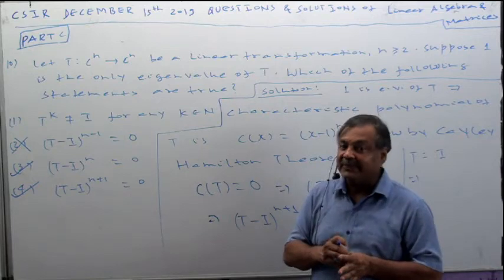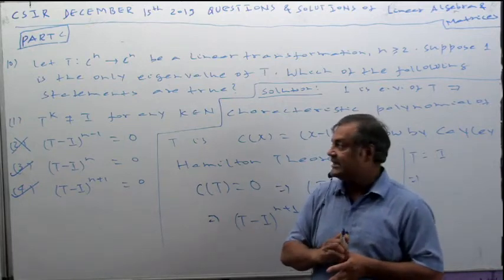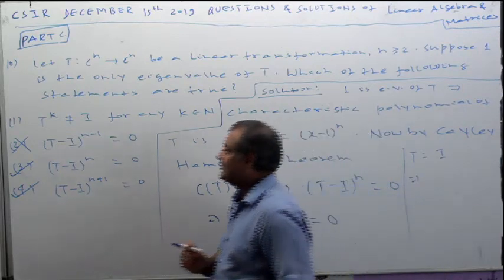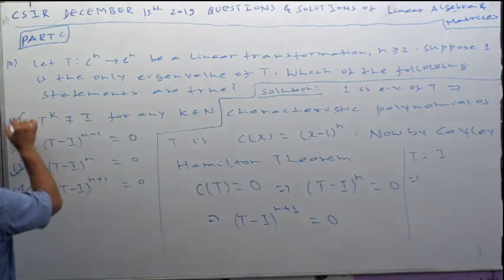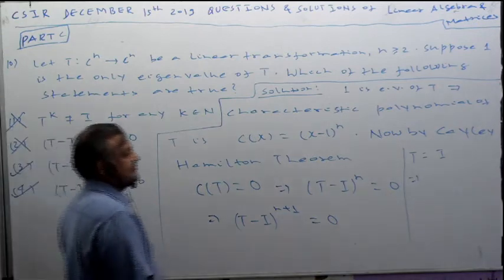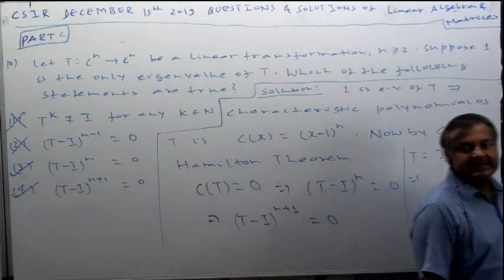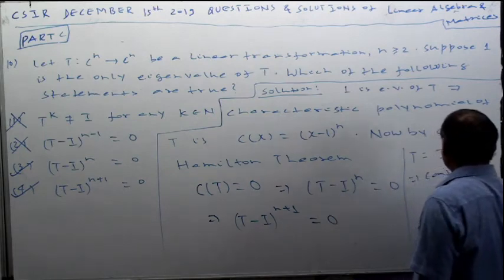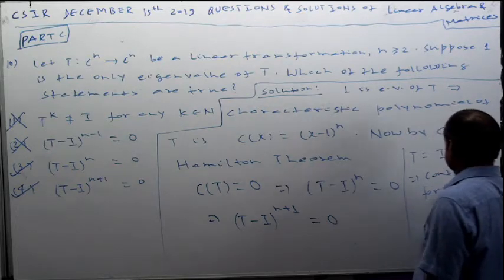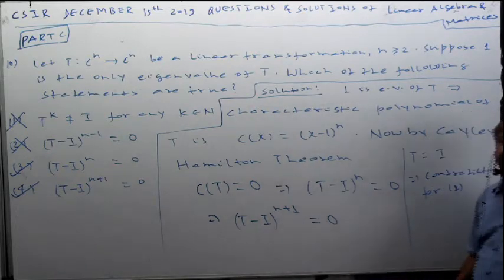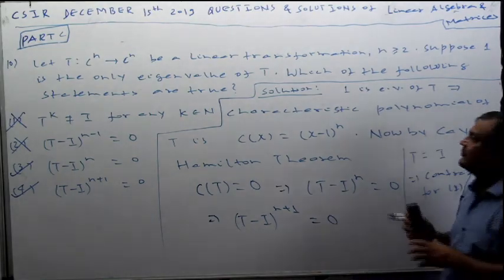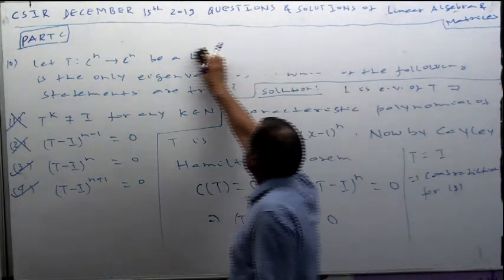Fine, it may be possible if I take my T as the identity transformation. All n eigenvalues are 1. So please cancel it out in your examination hall. T equals I is a contradiction for 1. Fine. So now let us come to the next question. Let me rub this first.